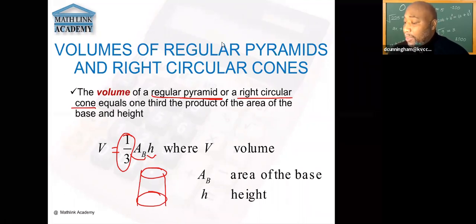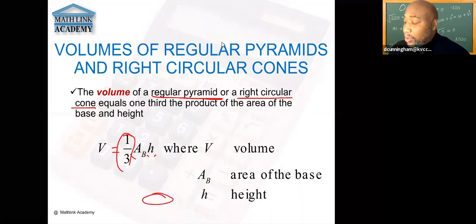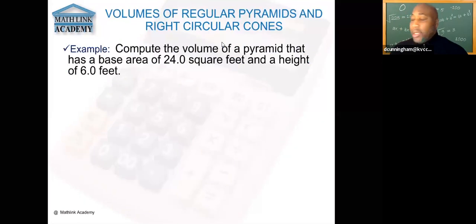What I mean by that is we will not have a consistency going from bottom to top or top to bottom. We actually will have something that is circular, but then it comes to a vertex. And that's where that 1/3 comes in. So it's 1/3 times the area of the base times the height. And that's our formula for both of those shapes. So let's look at an example, see how we can do this.